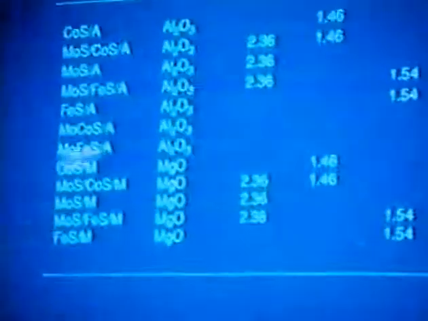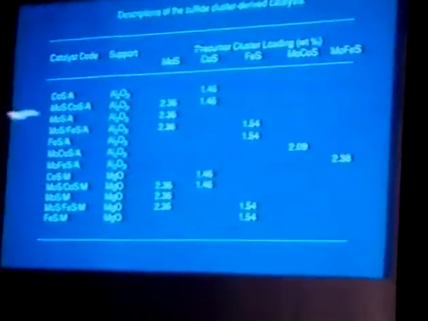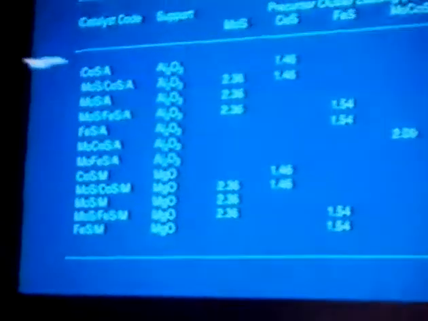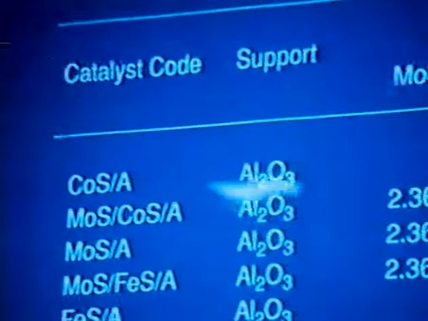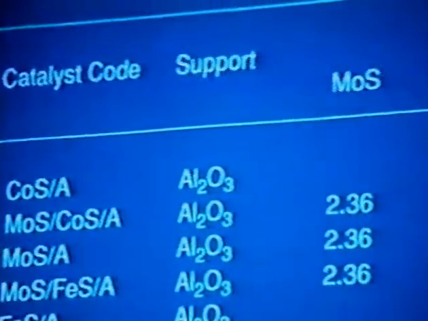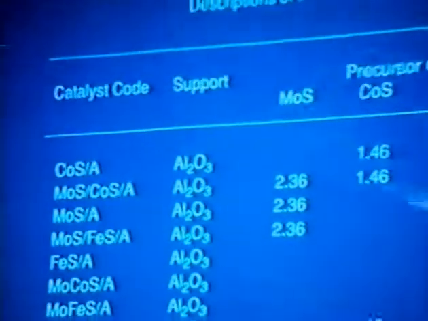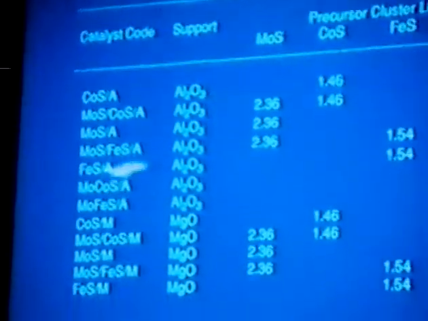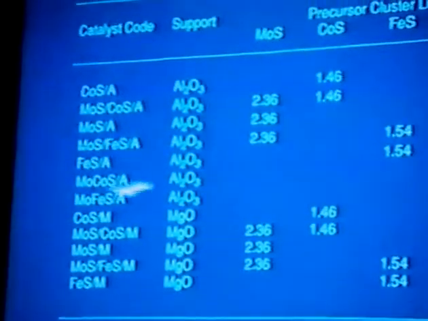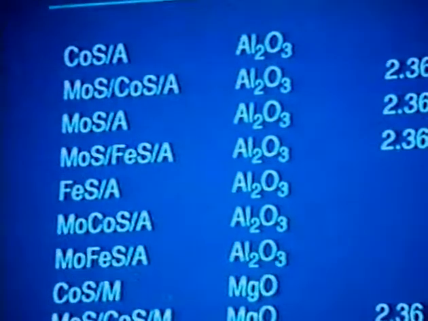This slide summarizes a description of each of the cluster systems that we work with. And let's just take an example. Here is the cobalt sulfide, the monometallic cobalt sulfide supported on alumina. We use catalysts that were prepared using organic solvents, so we don't expect to see any problems due to, for instance, chlorine or some other anions that might be produced during preparations using conventional techniques.